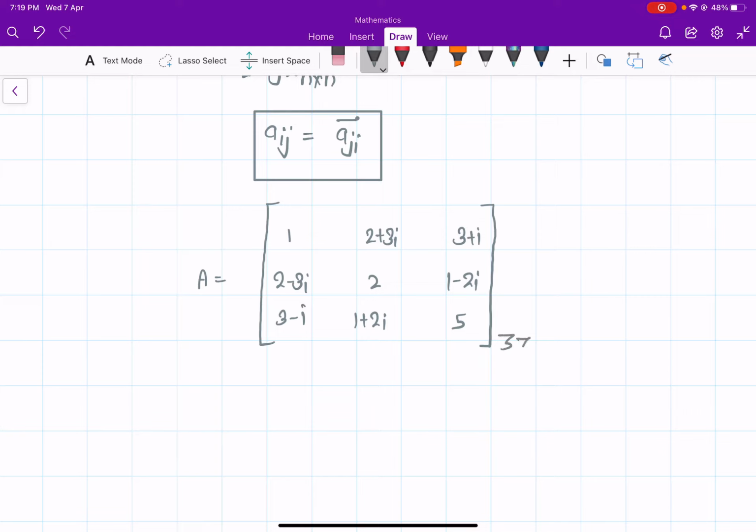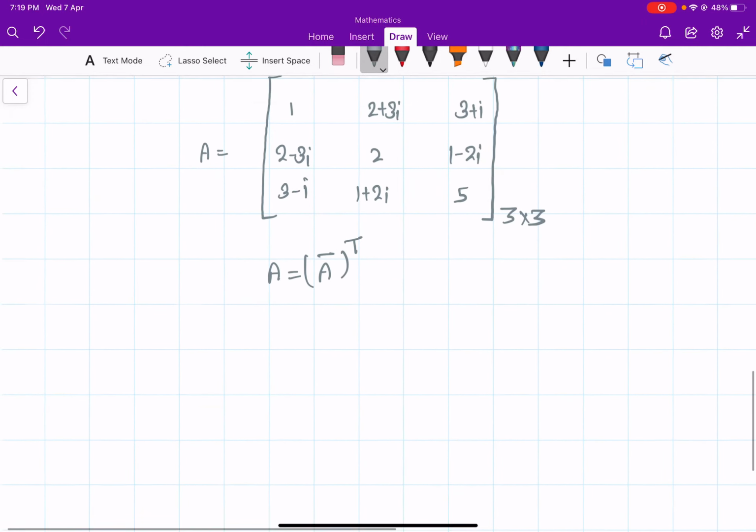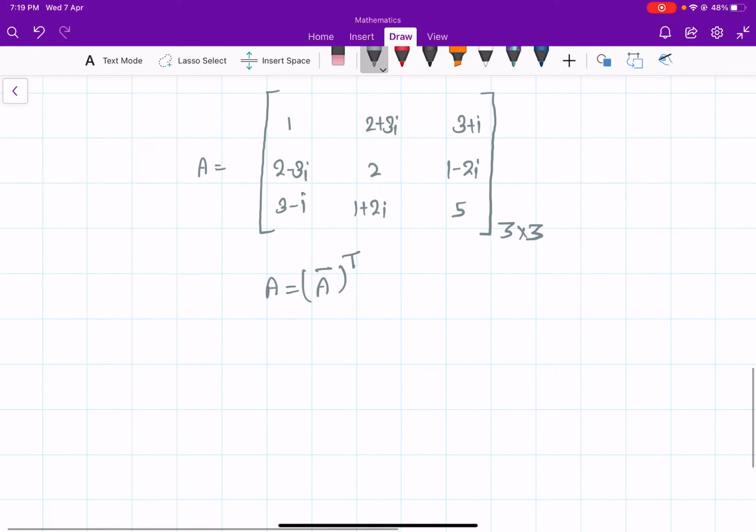So this is a Hermitian matrix of order 3 cross 3, that is, A is equal to the transpose of its conjugate matrix. Here you can see the diagonal entries are real numbers. So in a Hermitian matrix the diagonal will be real.